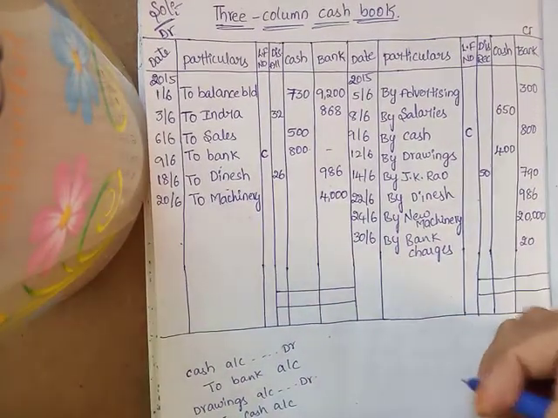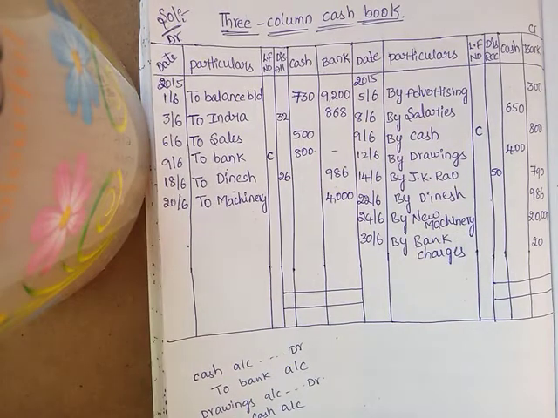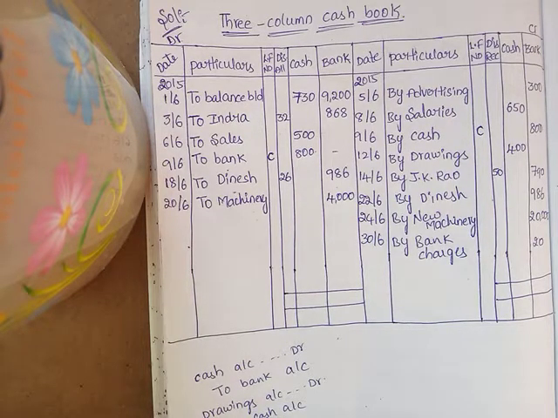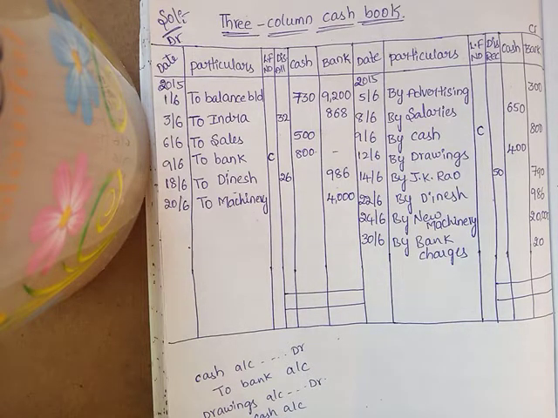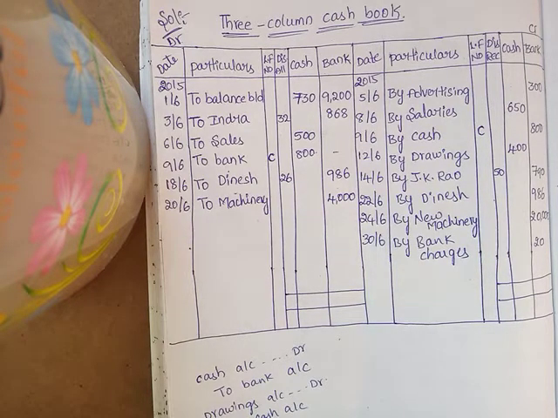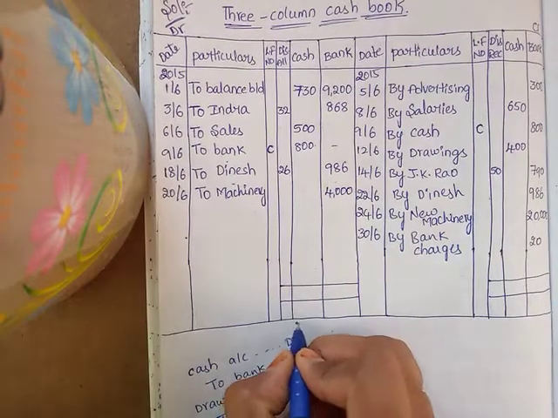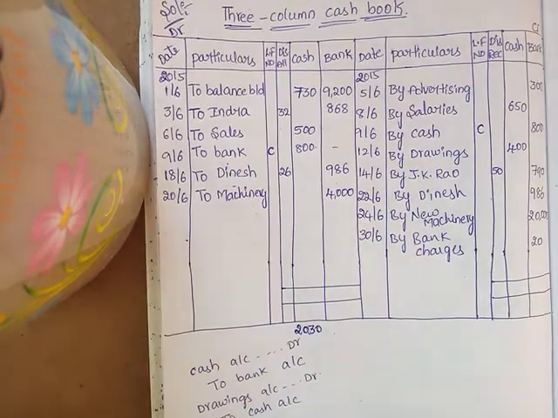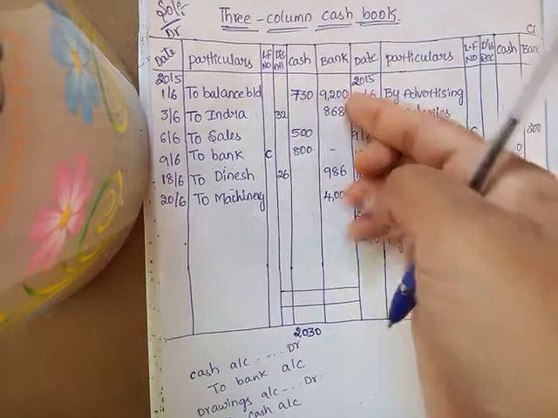After that, write the balance carried down. First debit side, 730 plus 500 plus 800, 2030. Okay, 2030.